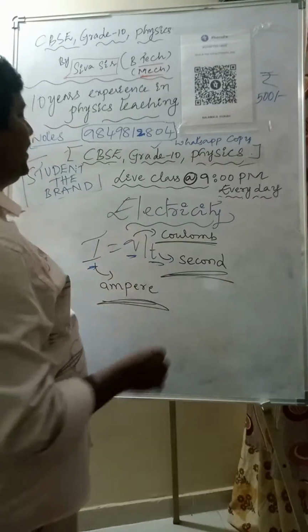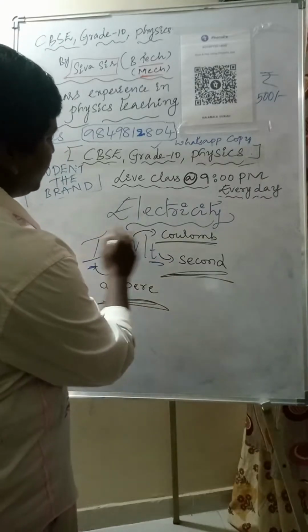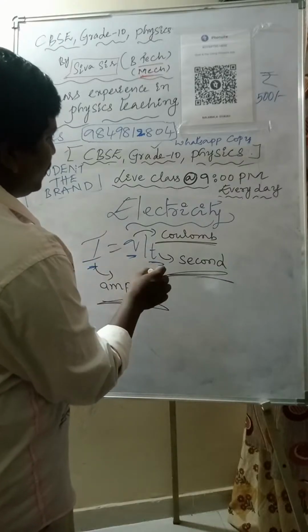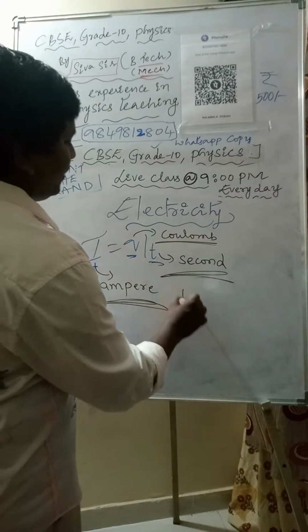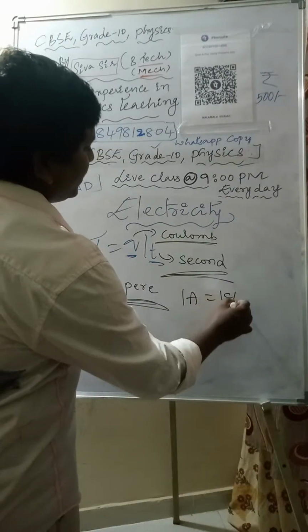I = Q/T. So we can say 1 ampere equals 1 coulomb per 1 second.